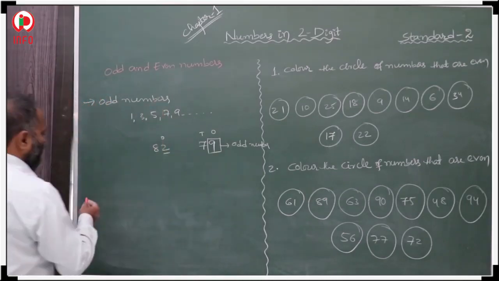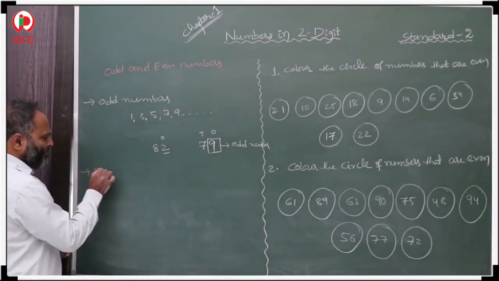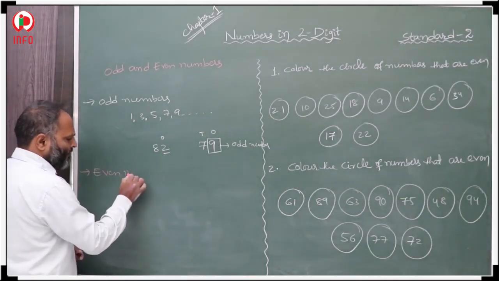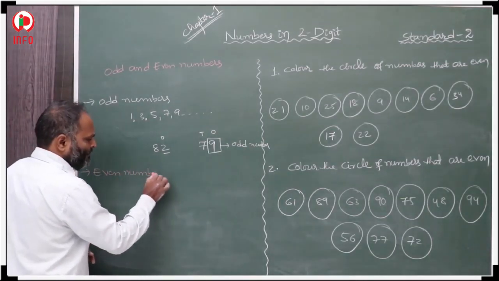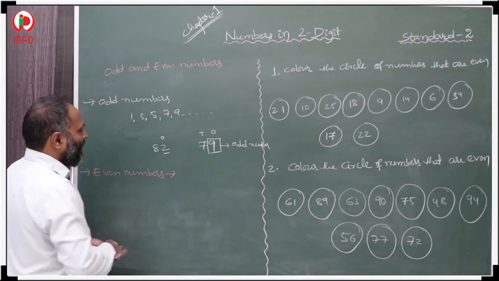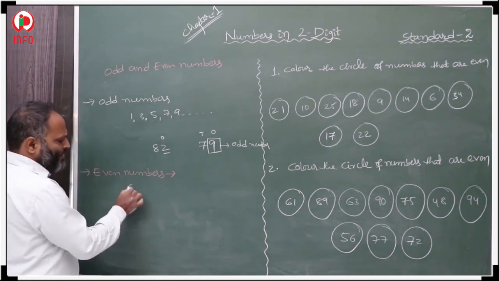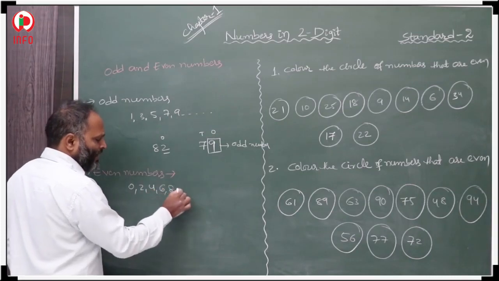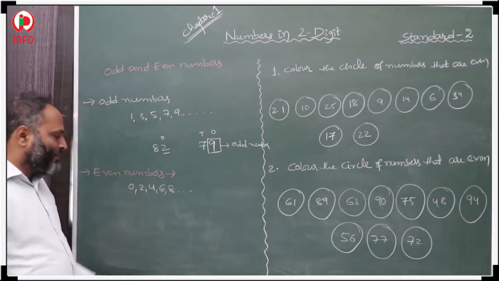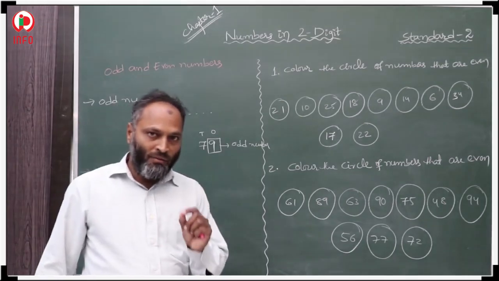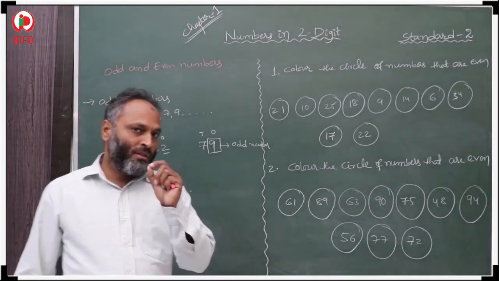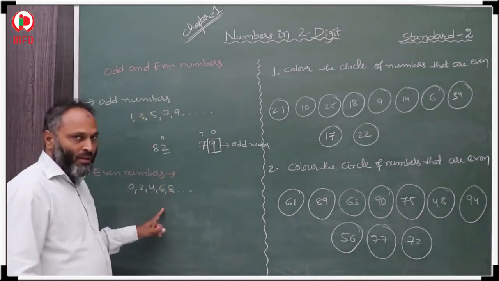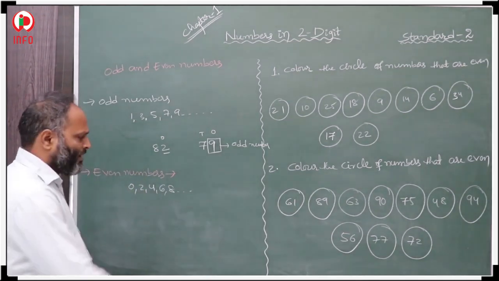Now what about even numbers? Even number means, if any of the numbers 0, 2, 4, 6, 8 comes in the unit place of the number, then the number is an even number.